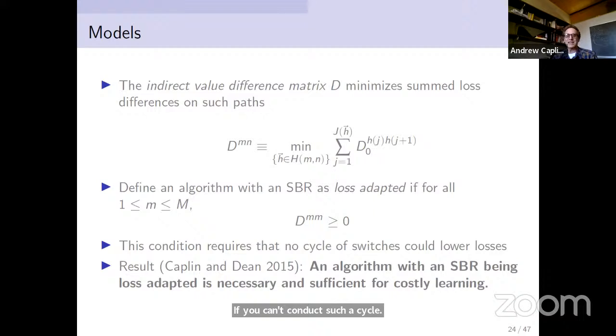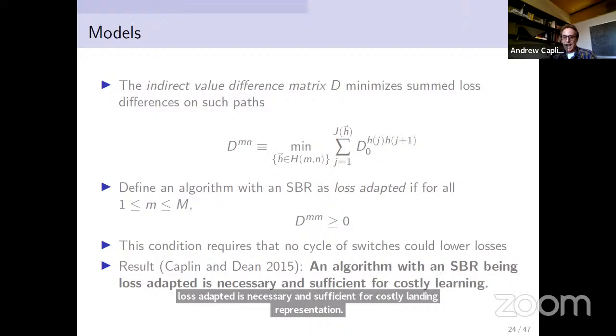And that is essentially the no improving attention cycles condition of Caplin and Dean, which says an algorithm which has a signal-based representation being loss adapted is necessary and sufficient for costly learning representation.